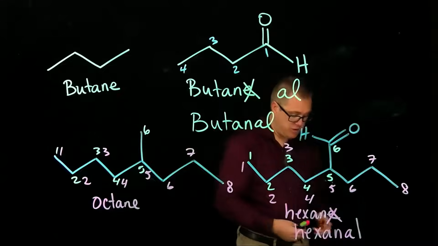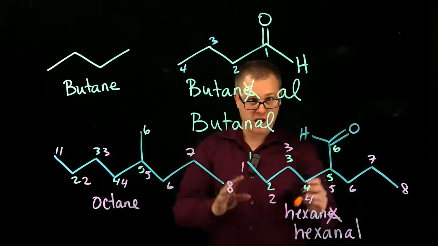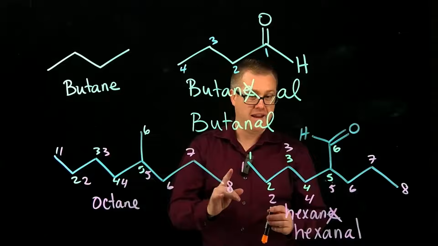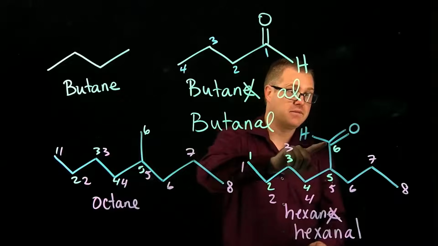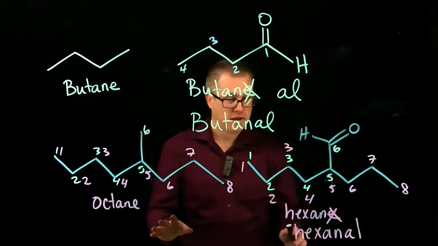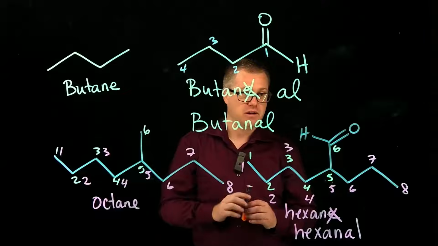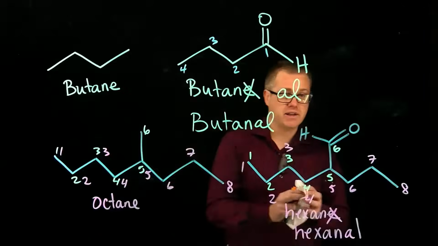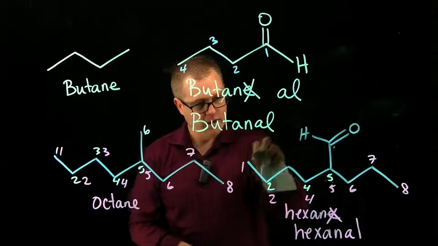Now what we have to do is number the parent chain in the proper way. Do you see how I started over here and went 1, 2, all the way to 6? That's not how we're supposed to put the locant number. You have to always start with the carbonyl carbon.